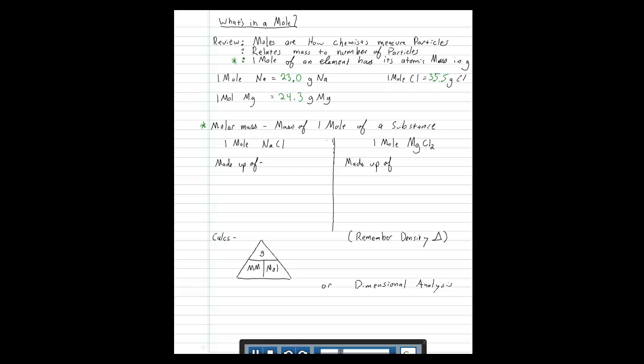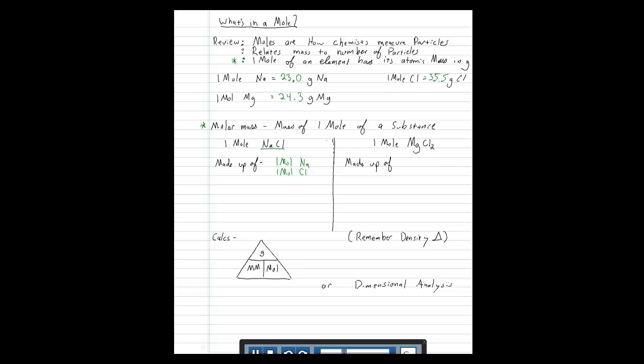For example, if I want to calculate the molar mass of sodium chloride, NaCl, we have to look up what it's made up of. And we know that 1 mole of sodium chloride is made of 1 mole of sodium and 1 mole of chlorine atoms. So think about this.